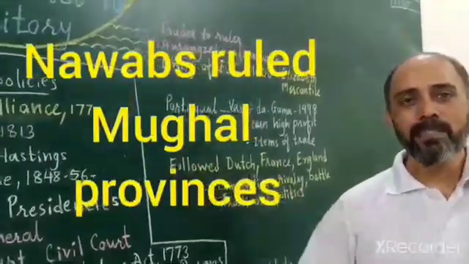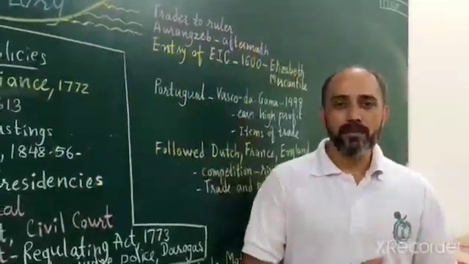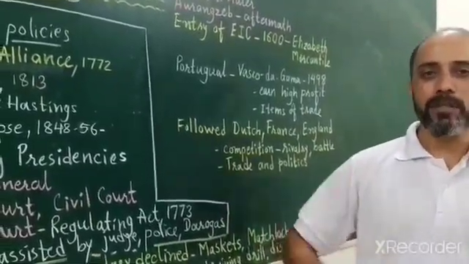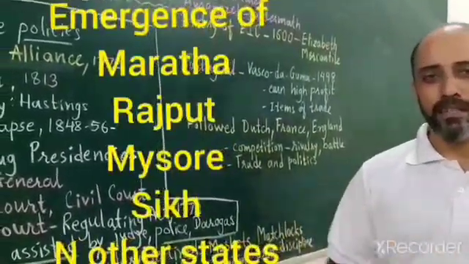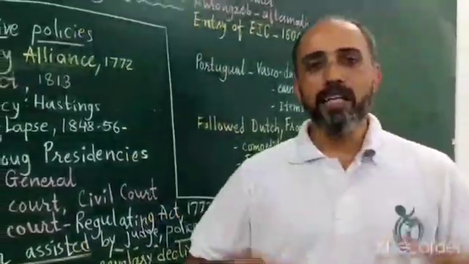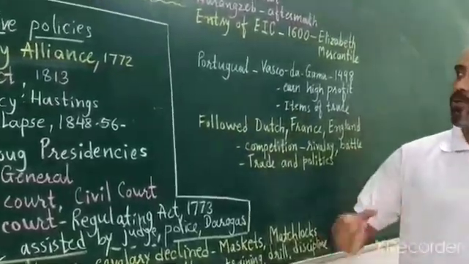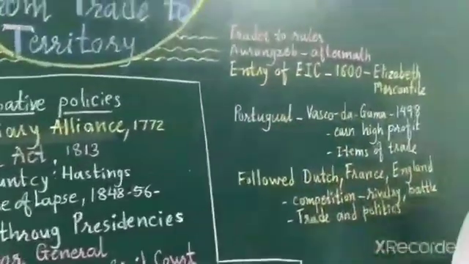At the same time, other chieftains, zamindars and rulers emerged, especially the Rajputs, the Sikhs, Mysore, the Marathas and others. So students, let us begin with the entry of the East India Company into India.